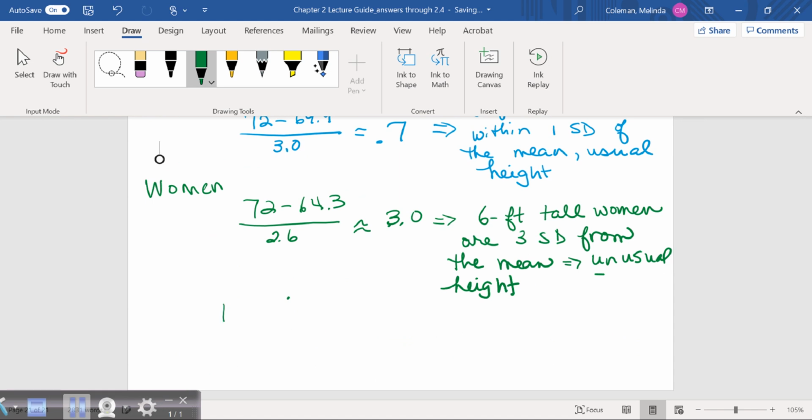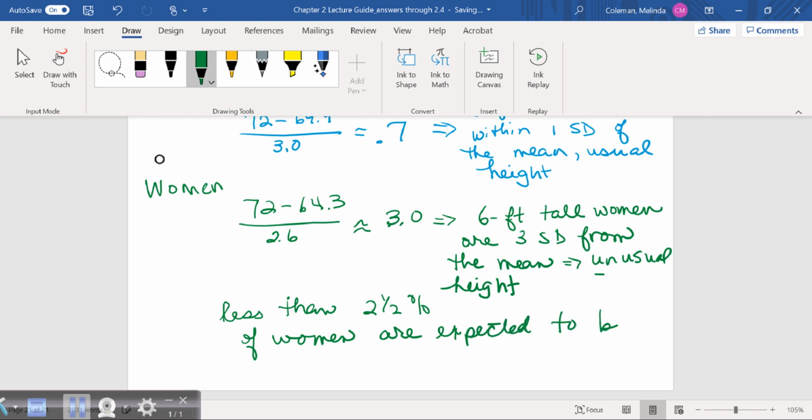So less than 2.5% of women are expected to be six feet tall.